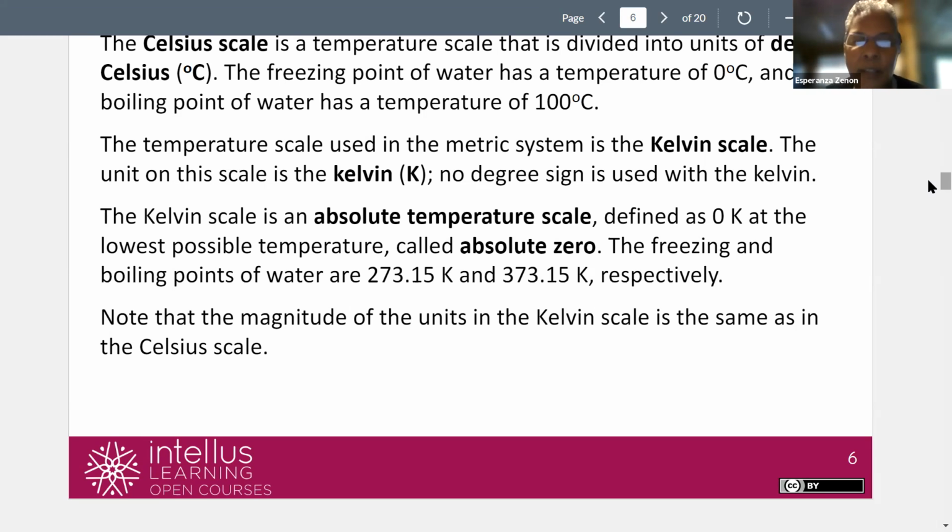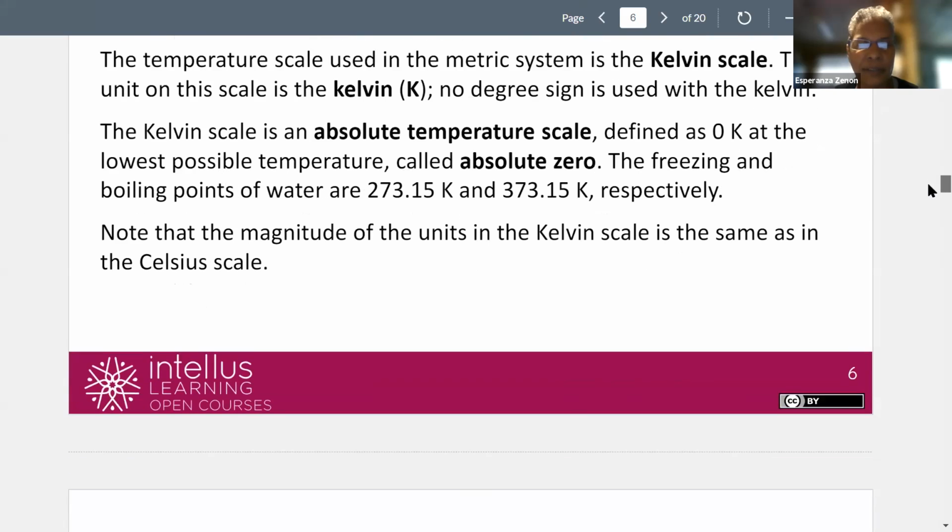Notice I didn't say the temperature is the same. I said the temperature difference is the same, right? Because we're just talking about magnitude. How many steps would you have to take to go from freezing to boiling on either scale? 100 steps, okay? 100 units.